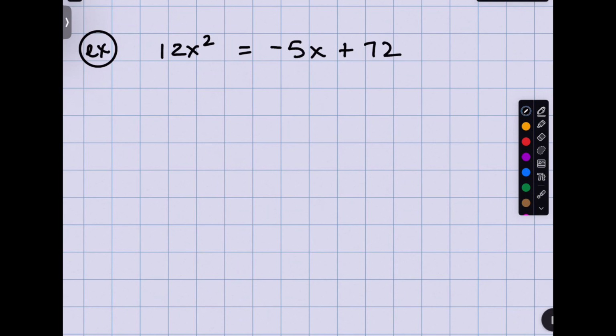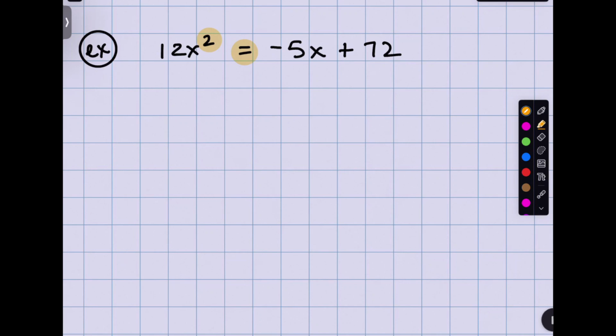We see a square term and an equal sign. So what are we thinking of? Quadratic equation, which means we got to do what? Bring everything to one side. So the largest term here is the x squared, right? Or the largest power term is the x squared.